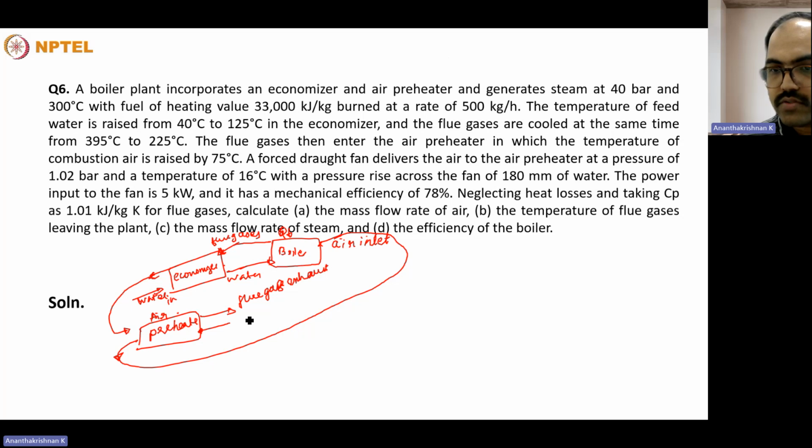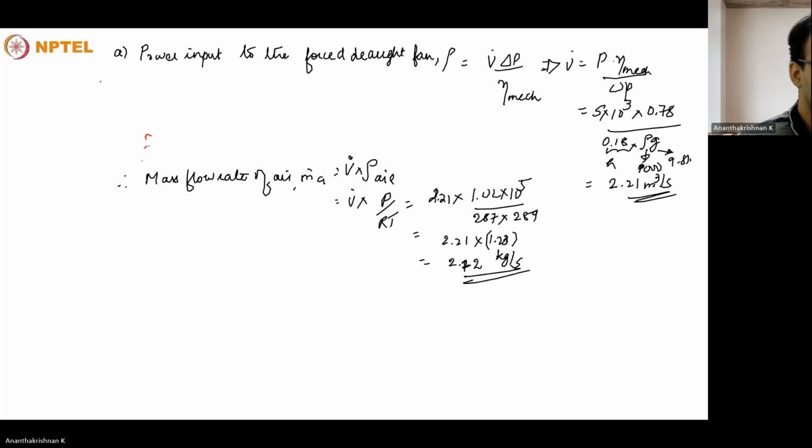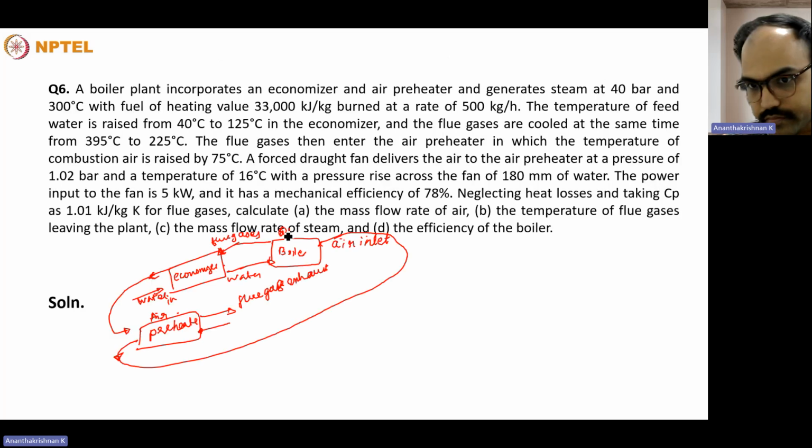So that will actually come down to the actual temperature of the flue gases that leaves the plant. So we need to look into the economizer and the preheater to get that. But the preheater is kind of easy because the temperature of the air going out of the preheater is also given, a 75 degrees Celsius rise. We know the incoming air.